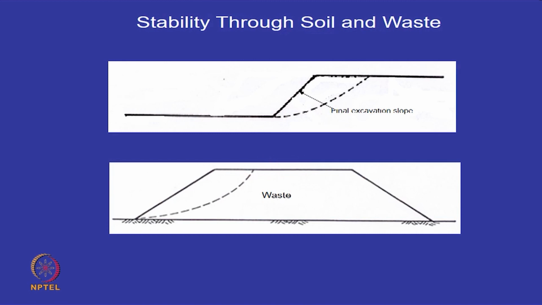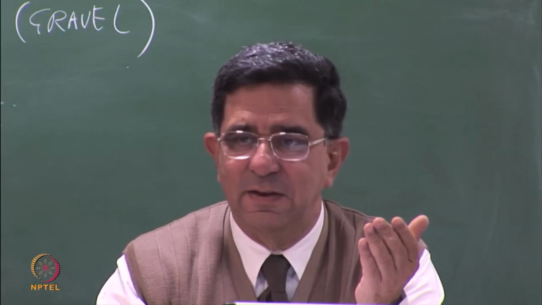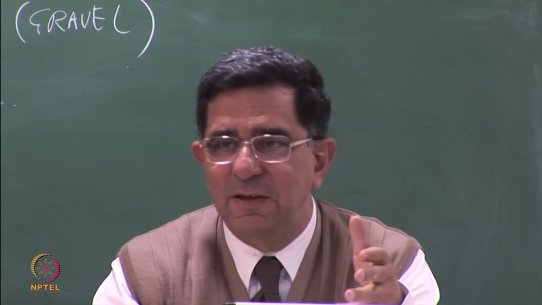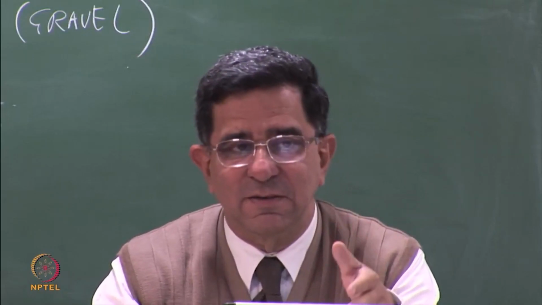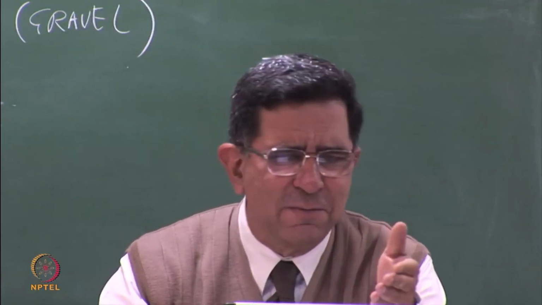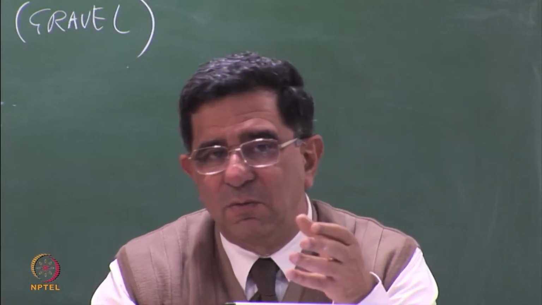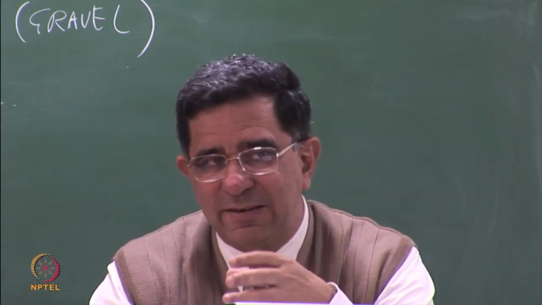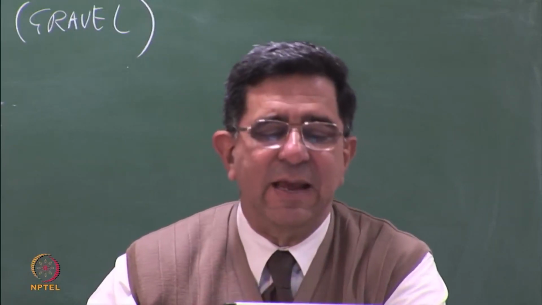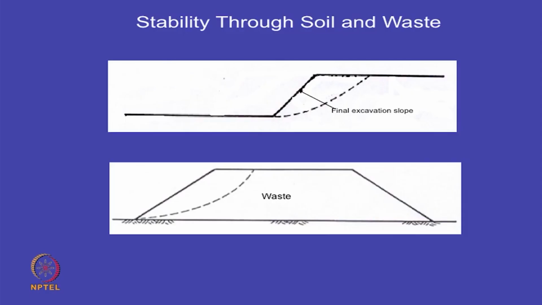Only we want to know the geotechnical properties, the shear strength properties of the waste. But otherwise, as far as the section is concerned, it very much looks like an embankment. So we want to know the strength characteristics of waste. But in either case, a circular failure surface is adopted.